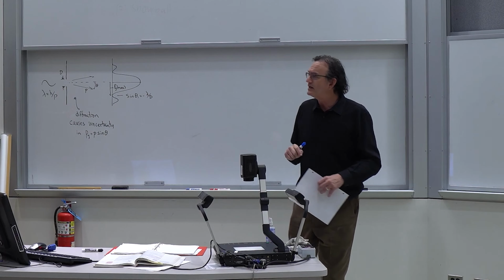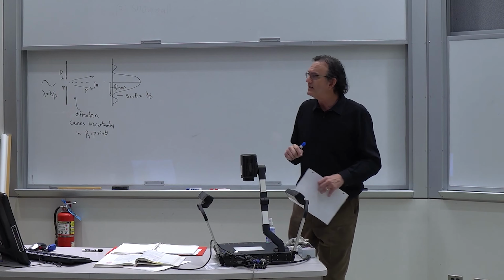So that uncertainty in angle now means that there's an uncertainty in where it was. As I go further away, the uncertainty in position gets larger and larger because I don't know where the particle went, which angle the track that the particle took. Okay? So that means at any later time, delta y is greater than d over 2.